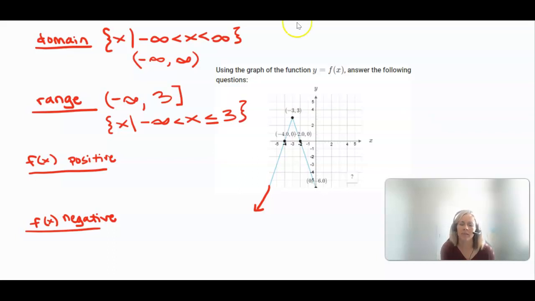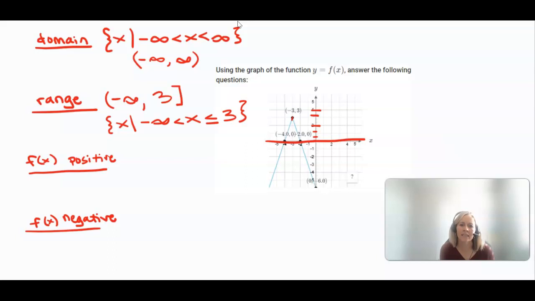Okay, let's next look at where f of x is positive. So really we're looking for where there are positive y values. We know the positive y values are only going to happen above this point. This is where y is 0, so only up here, that would be 1, and then 2, 3, 4, those are our positive y values.